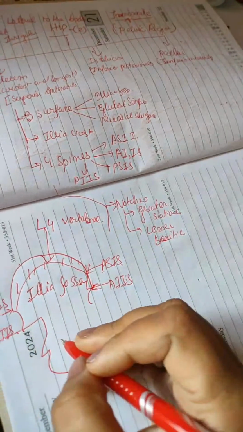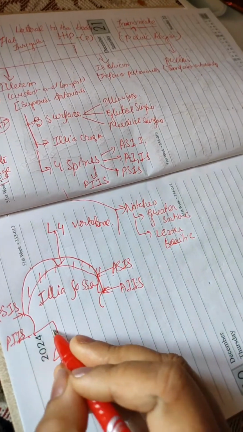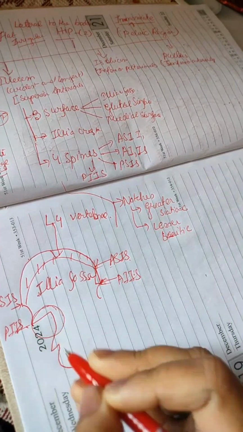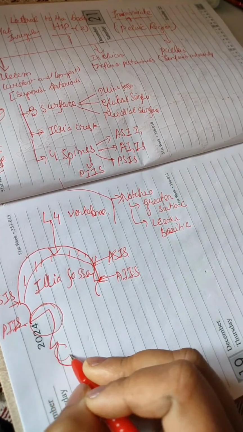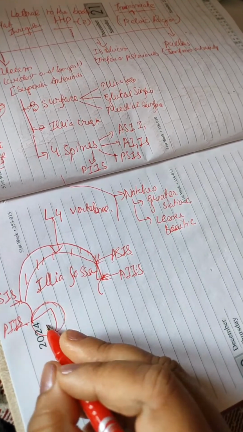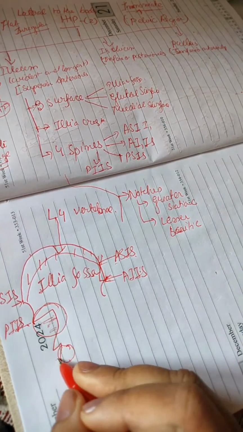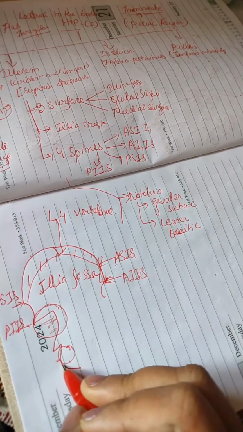Because through this area our sciatic nerve passes. Greater because this area looks great. Lesser, this area is small. So these sciatic nerves are passing. So there are two notches. What are notches? These are the depressed areas, depressions. So greater sciatic, lesser sciatic.